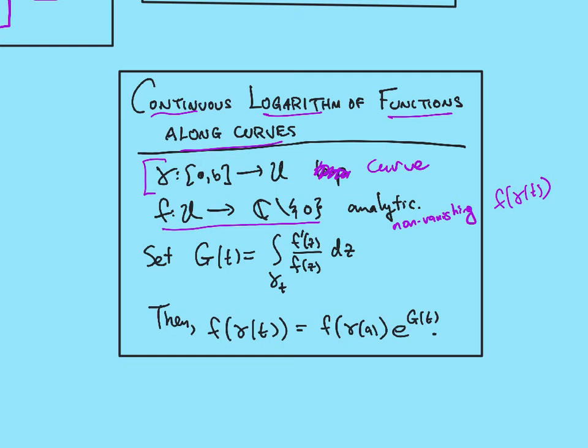I could already do that by the previous approach, but it turns out you can also express it as this integral, and this will be useful later. The continuous change in logarithm of f along the curve will be given by this line integral, where again gamma of t is the truncation.